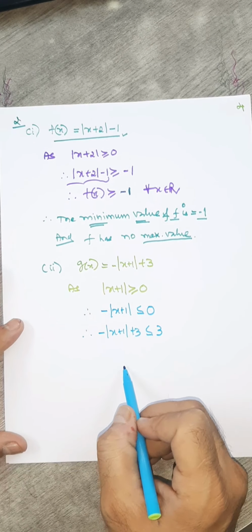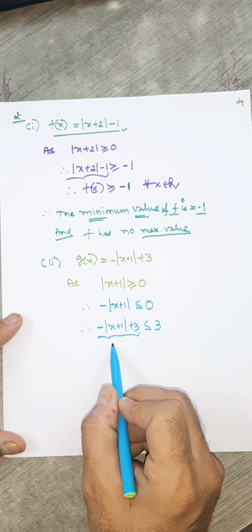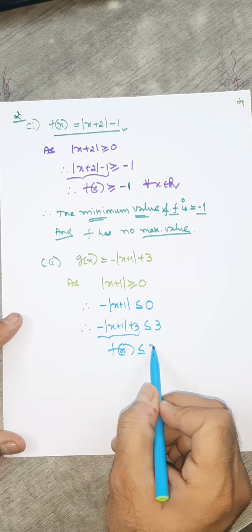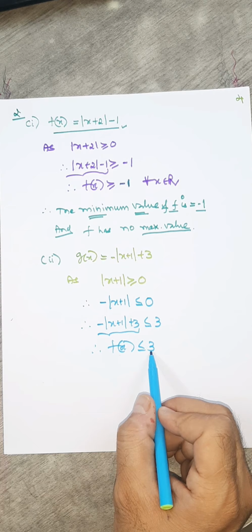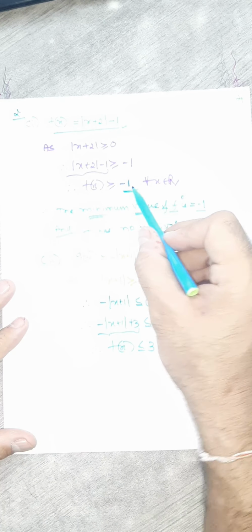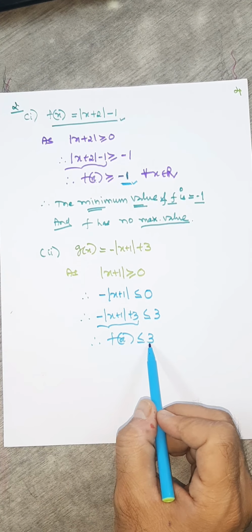We used to do such things to find the range of a function, if you recall. Now what is this? The function is less than or equal to 3. So the value of the function is always less than or equal to 3. It cannot have a minimum value; it goes on, to -infinity. Here the maximum is 3.